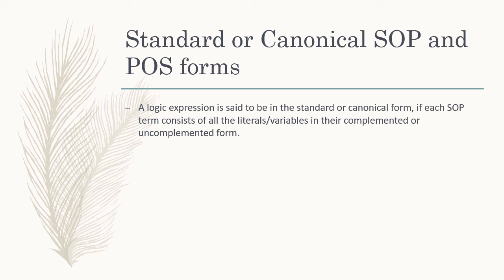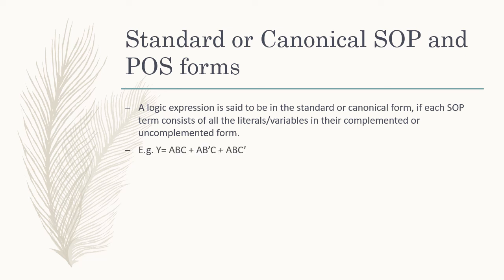Now a logic expression is said to be in the standard or canonical form if each SOP term consists of all the literals or variables in their complemented or uncomplemented form. Okay, this sentence means that in your SOP expression or POS expression, all the variables that you are using in the expression must be present in each and every term. This is the meaning of the standard SOP and POS form of the expression.